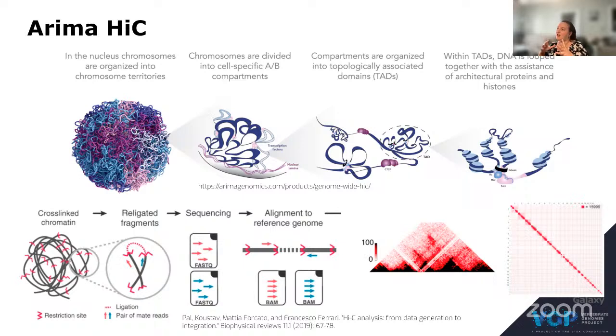What Hi-C does is sequence paired reads of two strands of DNA that are physically close in the nucleus, which means that across the genome, the more Hi-C reads you have, the more likely two sequences are to be close in 3D, but also across one chromosome.